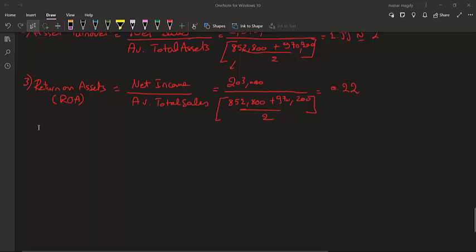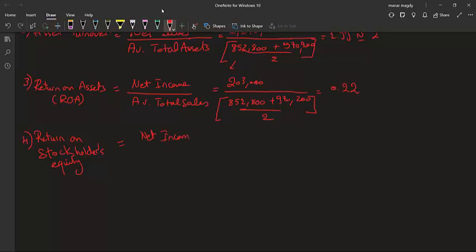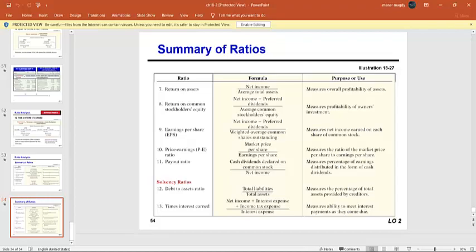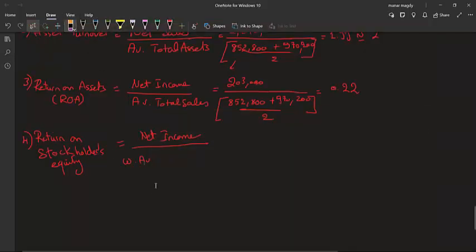Number 4, return on stockholders' equity equals net income divided by weighted average stockholders' equity.